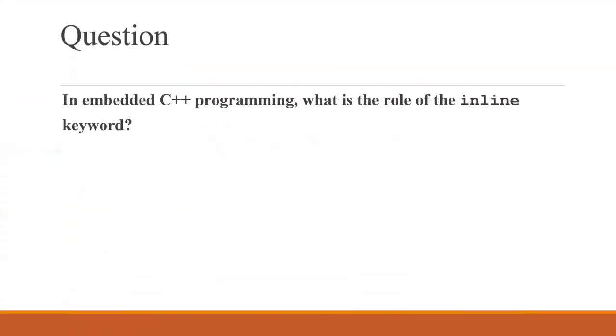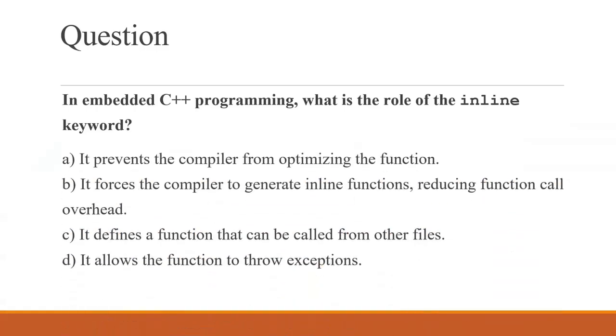In embedded C++ programming, what is the role of the inline keyword? A, it prevents the compiler from optimizing the function. B, it forces the compiler to generate inline functions, reducing function call overhead. C, it defines a function that can be called from other files. D, it allows the function to throw exceptions.